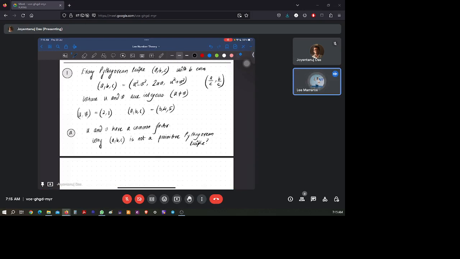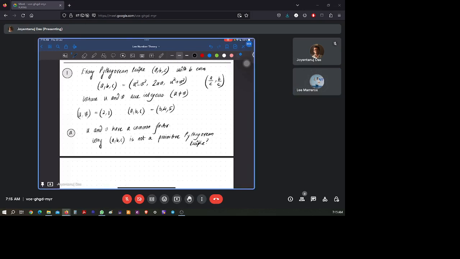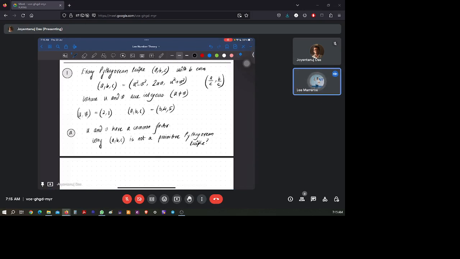So they have a common factor, and it will not be a primitive Pythagorean triplet.